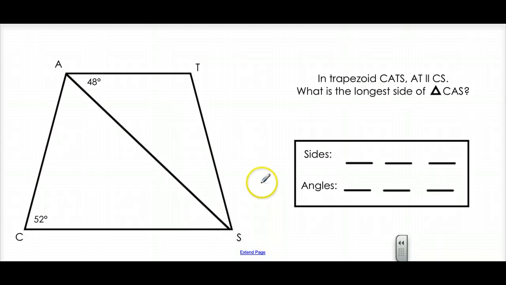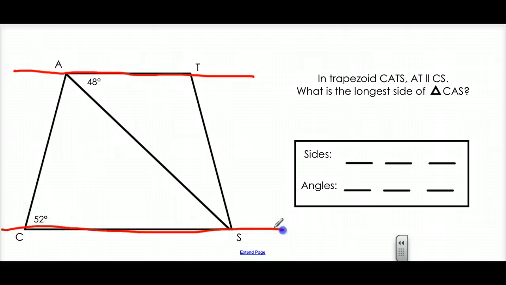Here's what we know. AT is parallel to CS. All right? Now here's where it gets tricky. What do we do from there? Well, check this out. Remember parallel lines with transversals? This is actually a transversal line right here. AS is a transversal if I draw a line through.